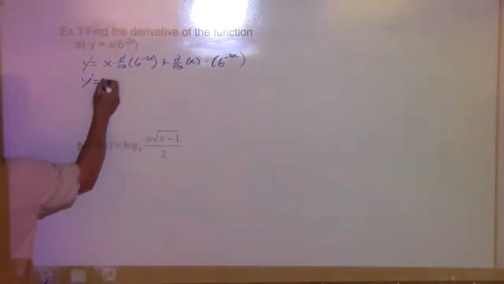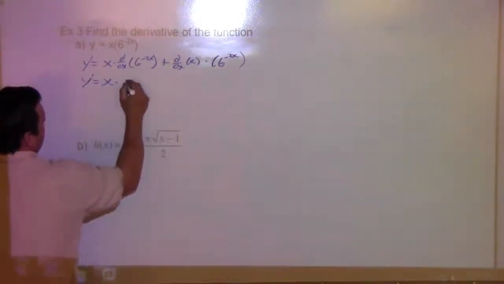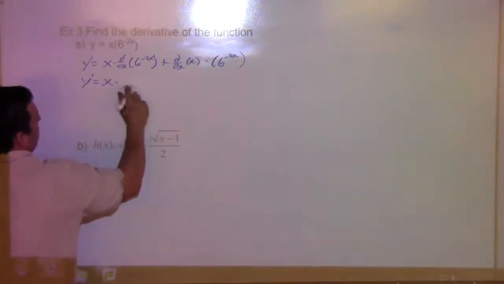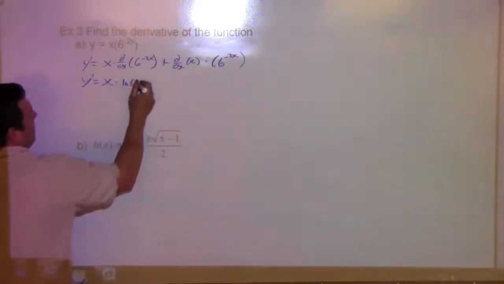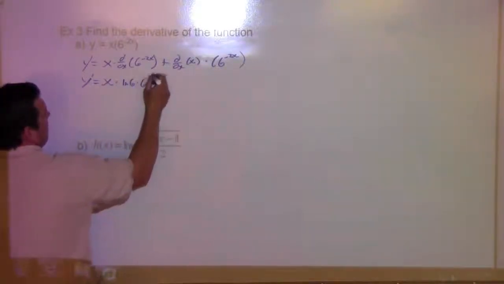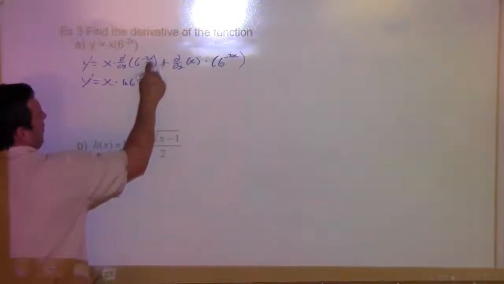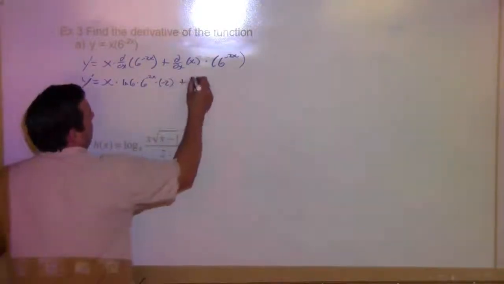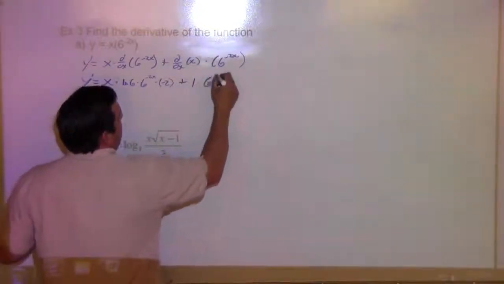So y prime is going to be x times, so this derivative is going to be negative 2x. No, sorry. Natural log of 6 times 6 to the negative 2x times the derivative of negative 2x, and that's negative 2. There we go. Plus 1 times 6 to the negative 2x.